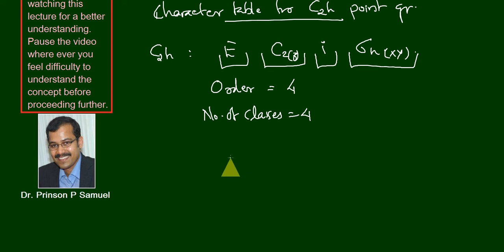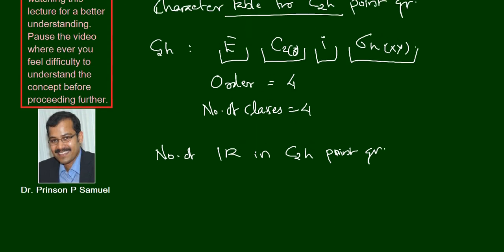So first of all, let me find out the number of irreducible representations in the C2h point group, or the number of irreducible representations in the character table of the C2h point group.